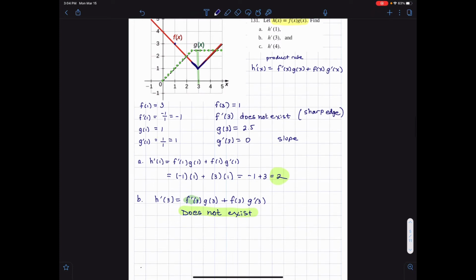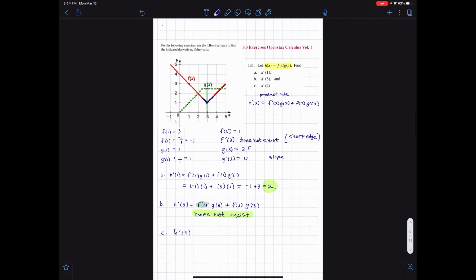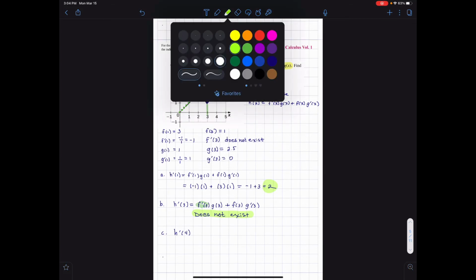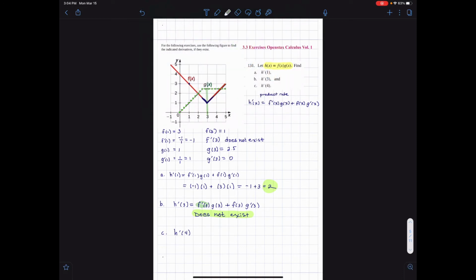And then for C, I look at h prime of 4, and I'm going to move things over. Okay, so again, I'll just put in 4 for everything.